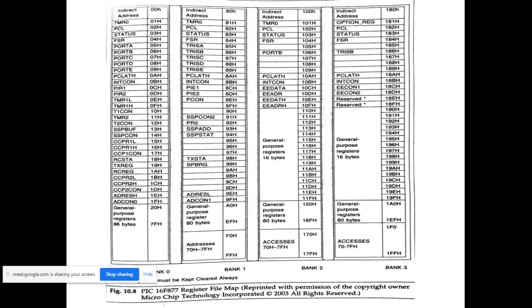This particular microcontroller has in all 512 bytes of data memory, and that is available in 4 banks: bank 0, bank 1, bank 2 and bank 3.